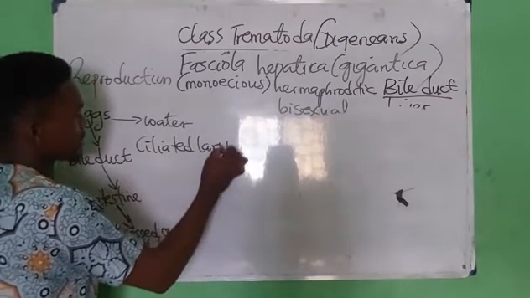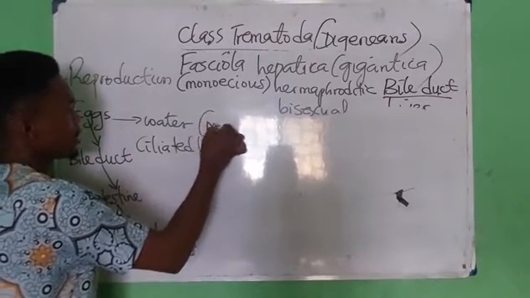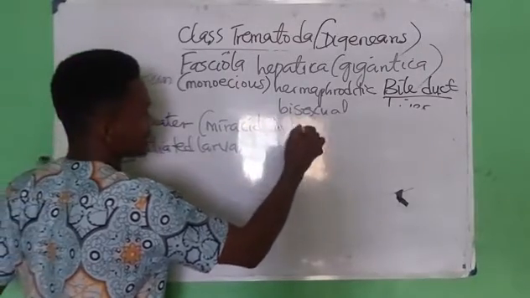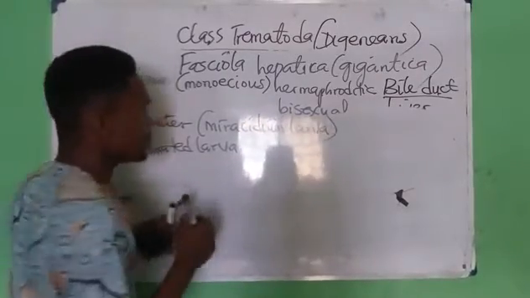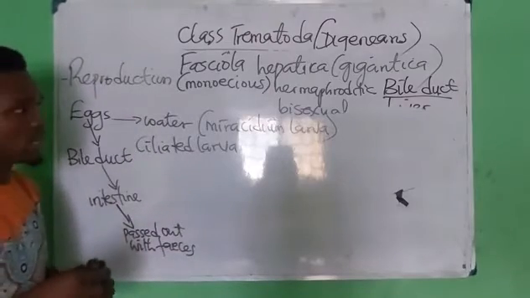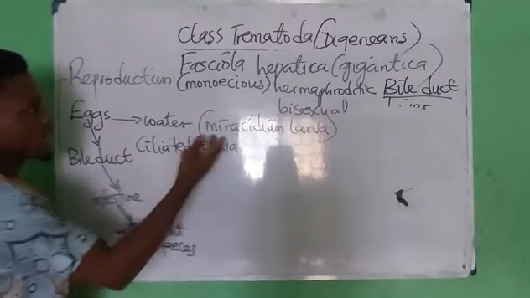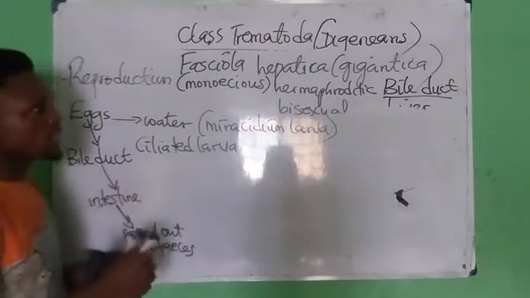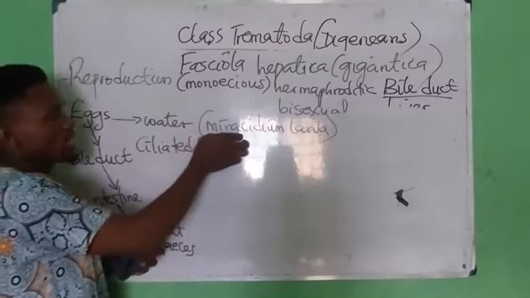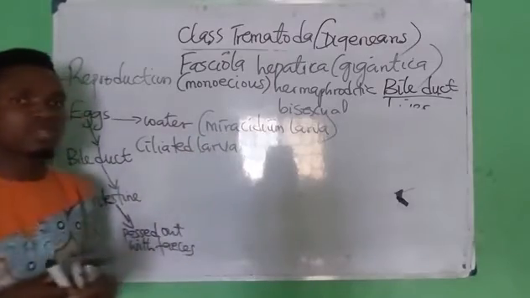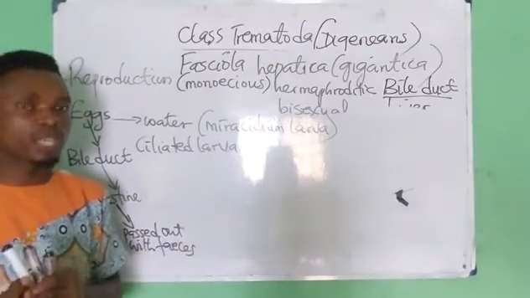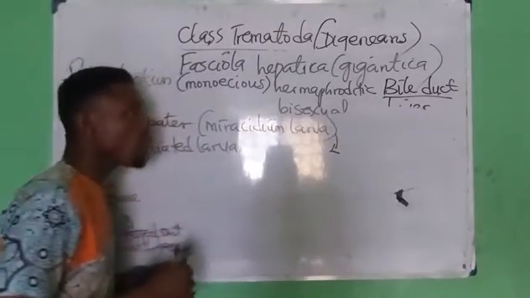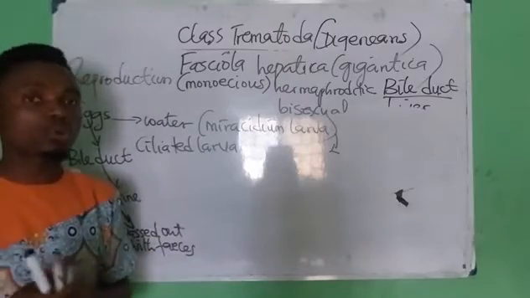This ciliated larva is called the Miracidium larva. Now, this larva has cilia, that's why it's ciliated. As soon as it develops into the Miracidium larva, it doesn't stop there. The function of this Miracidium larva is to look for the primary host of the organism.